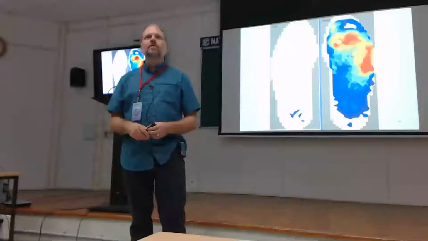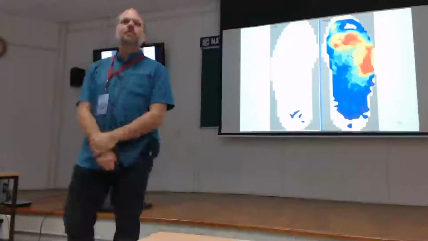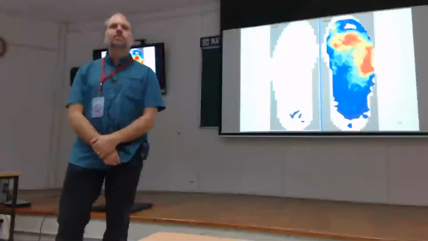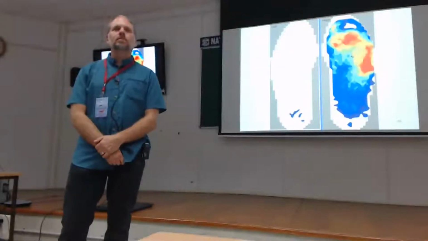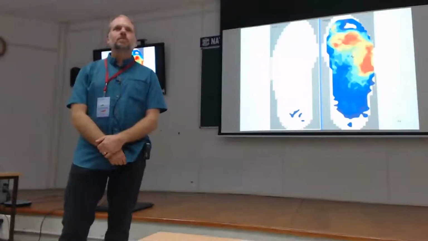Good afternoon. When we do a similar analysis as the one shown in this slide, when a person is wearing a shoe and when a person is not wearing a shoe, the pattern in which the center of pressure moves in the case when a person is wearing a shoe differs from his natural movement.